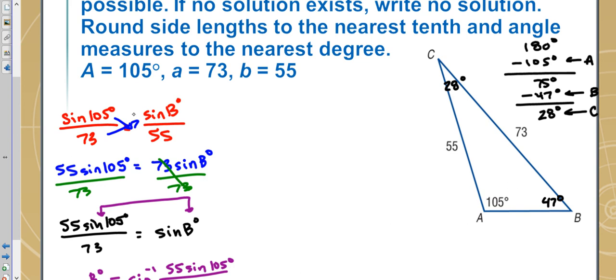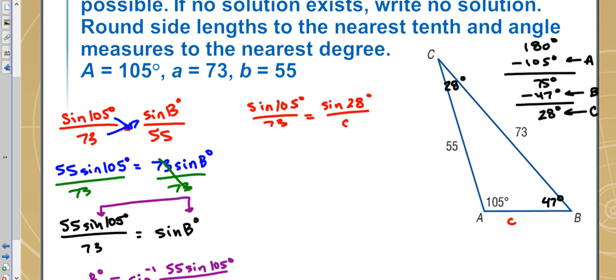I'm going to use law of sines. I'm going to come back up here, and I'm going to use the original they gave me, the sine of 105 over 73 equals the sine of 28 degrees over side length C here.